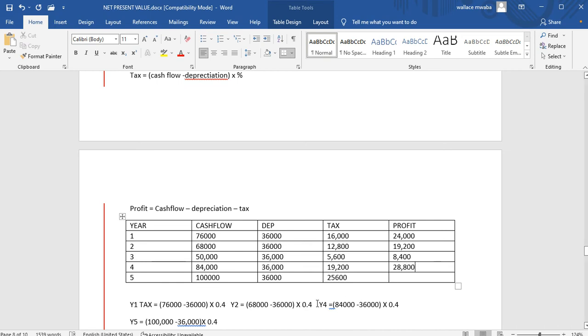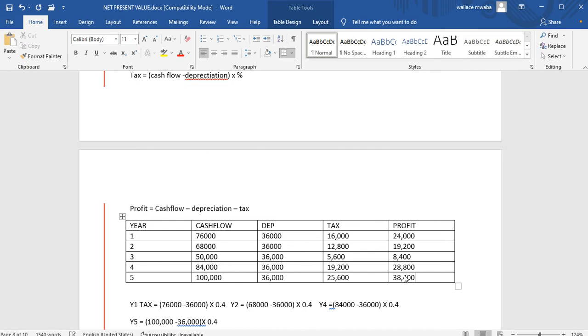Finally, year 5, 100,000 minus 36,000 minus 25,600, you get 38,400. So now we've got the profit of each individual year.